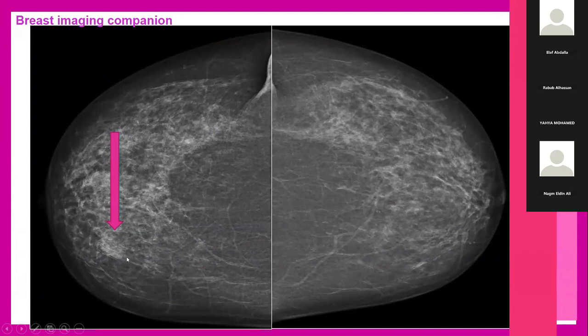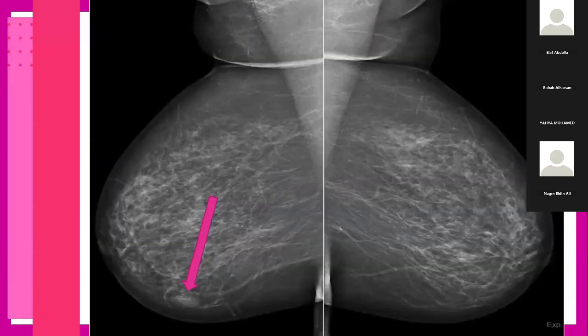This is the same mass seen in the medial breast, but it appears indistinct in a background of heterogeneously dense and complex coarse parenchyma. And again, here this is a mass in the inferior medial breast, about 4 o'clock.